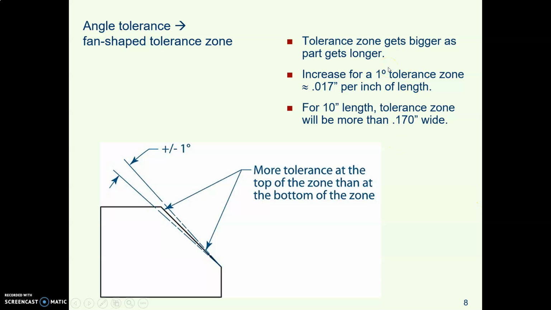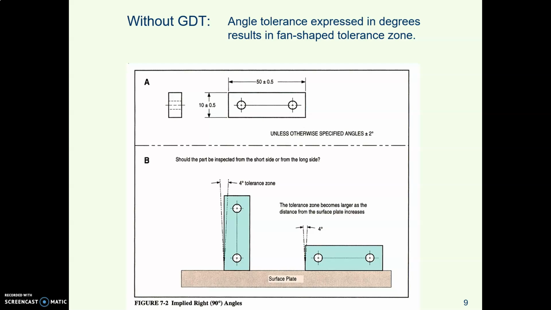If you were to use your trig skills and figure out, if this side of this slopey thing were, let's say, 10 inches long, you would find out that the tolerance zone at 10 inches out would be over 170 thousandths of an inch wide, almost 3/16 of an inch. That's kind of a lot.